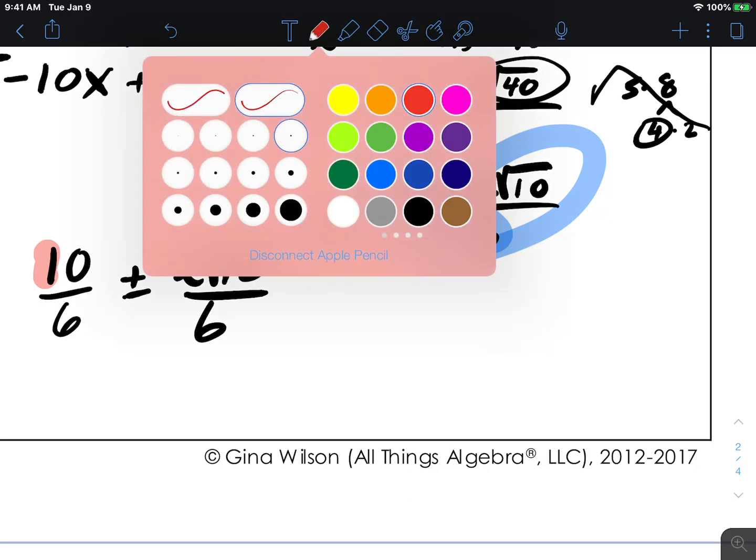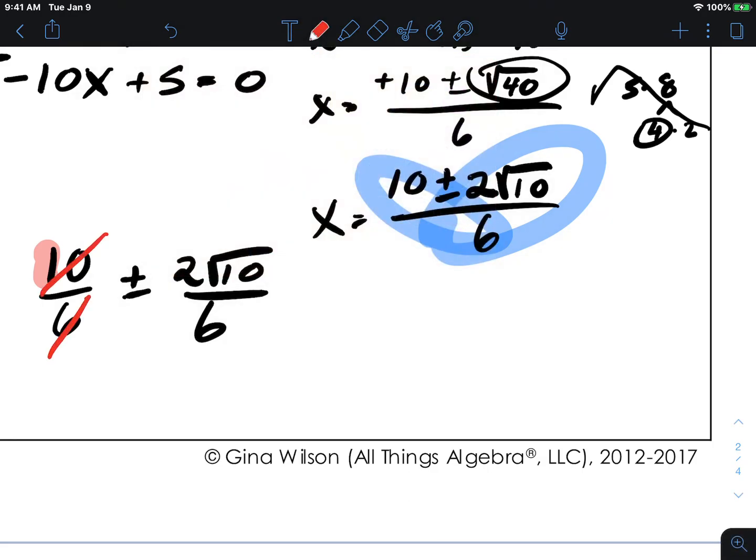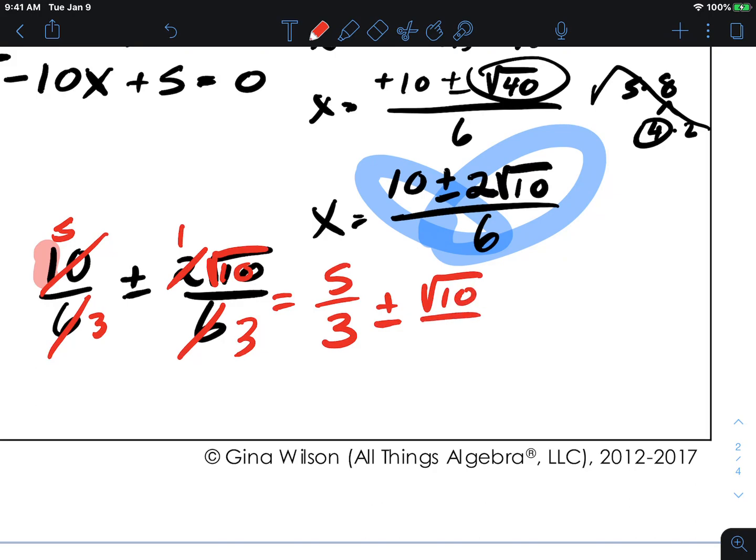Well, they're even there, so I can divide by 2 and divide by 2. Make that a 3, make that a 5. Divide by 2, divide by 2, so that would be a 1. But 1 times radical 10 is just going to stay a radical 10. So I have 5 over 3 plus or minus radical 10 over 3.